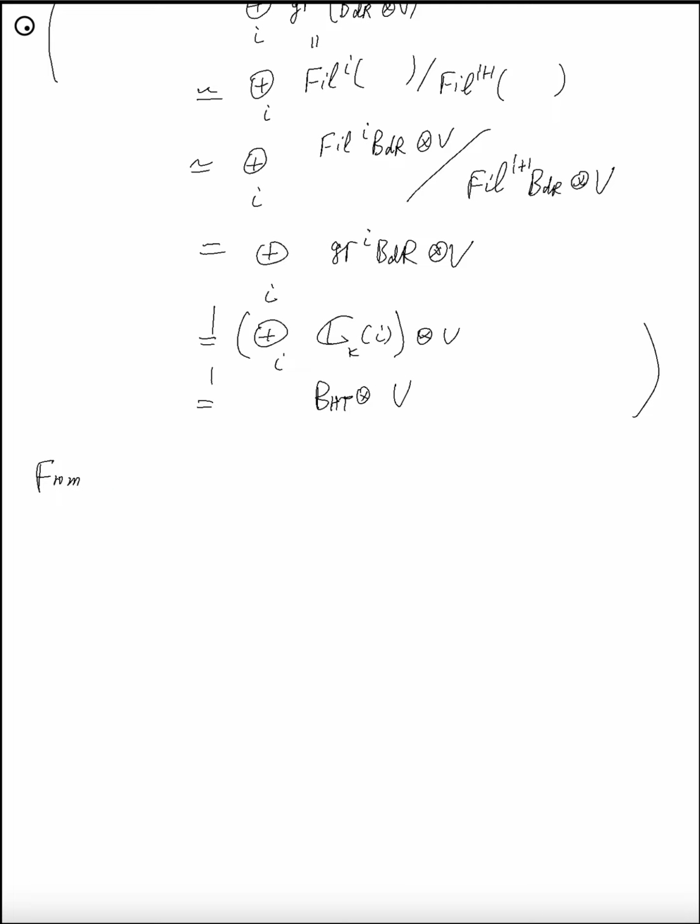From results before, recall that the graded piece of a tensor product D1 tensor D2 is gr D1 tensor gr D2.